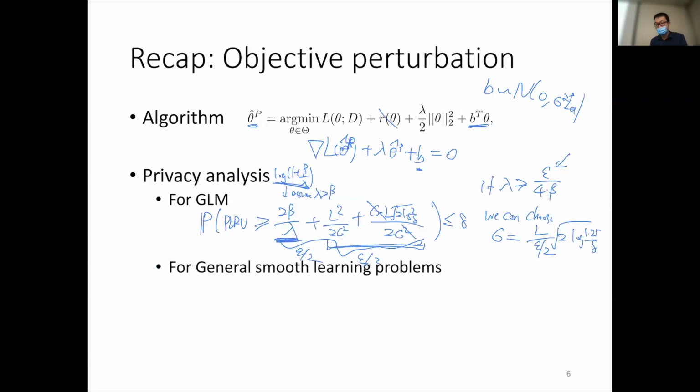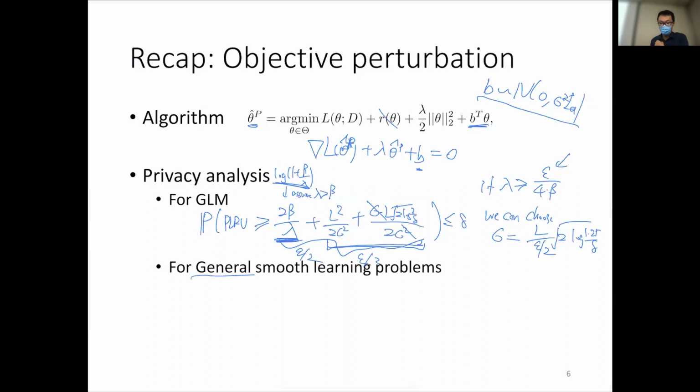The second and third terms handle the ratio of the Gaussian density, which comes directly from the normal distribution of this B vector. The special property of the generalized linear model allows us to reduce the problem of bounding the ratio of two multivariate Gaussian inner products with something dependent into a univariate Gaussian problem, hence this much nicer expression.